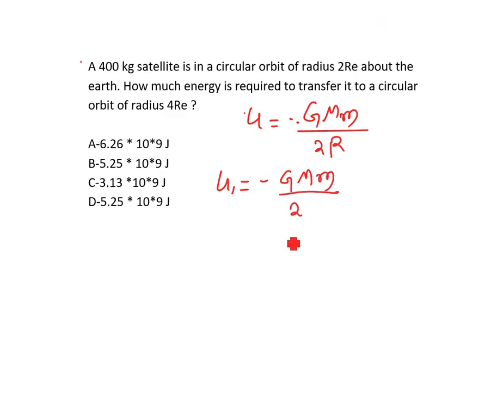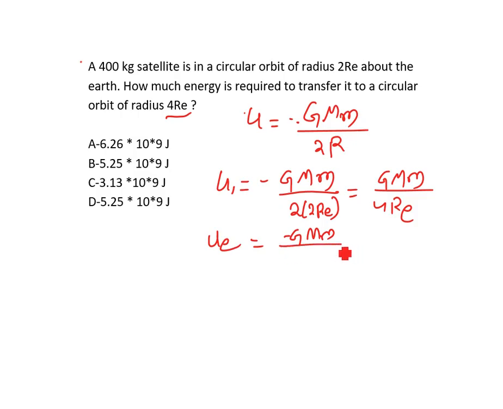First it is 2 Re, so it's 2 into 2 Re, which is G capital M small m divided by 4 Re. U2 will become, because we have to send it to 4 Re, minus G capital M small m by 4 into 2, 8 Re.